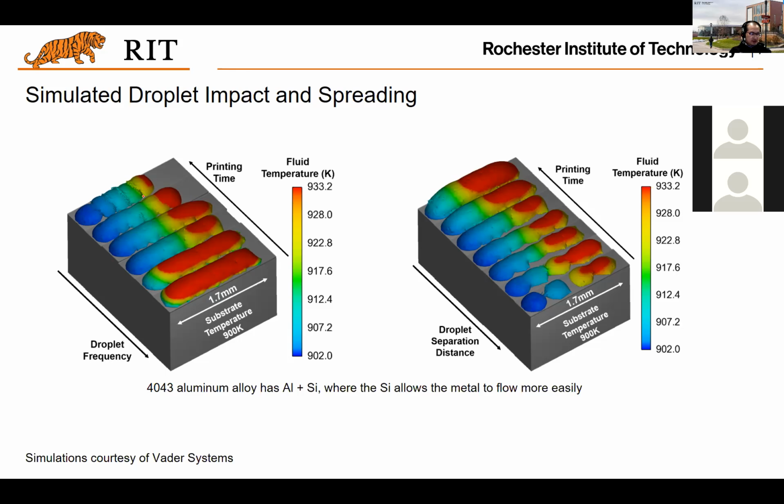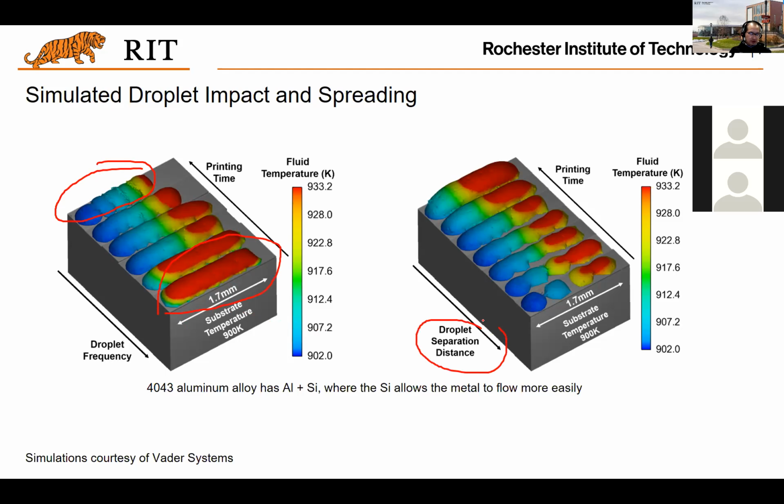As you can see here, the lower frequency will lead to some disconnected regions for the trace. On the other hand, if the frequency is very high, there could be possible extra material jetted onto the printing platform, right?